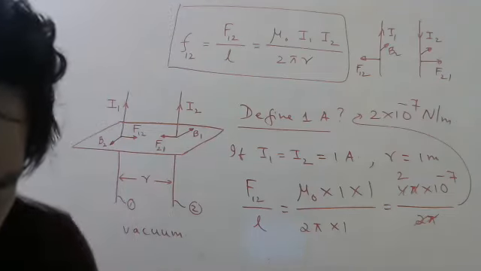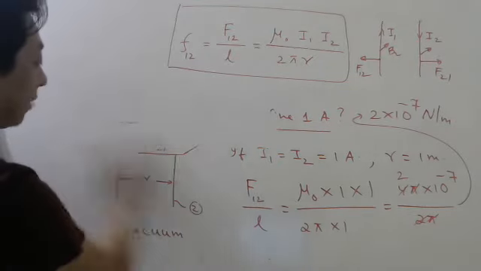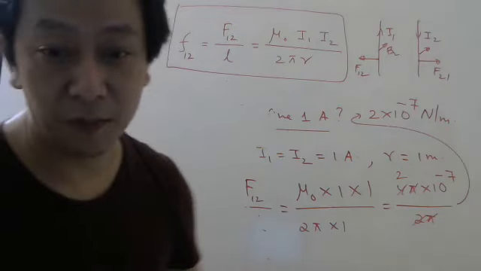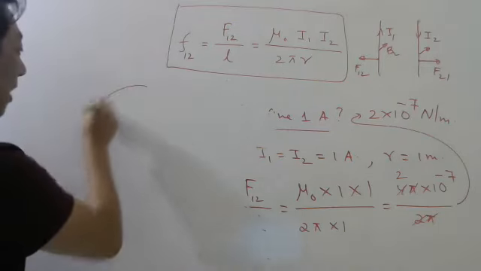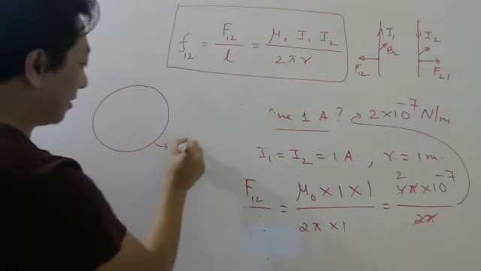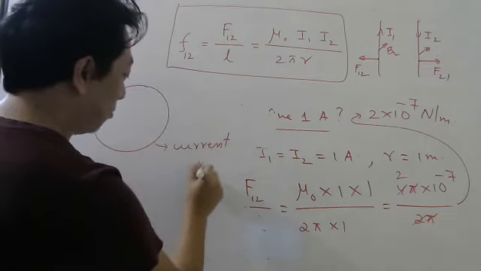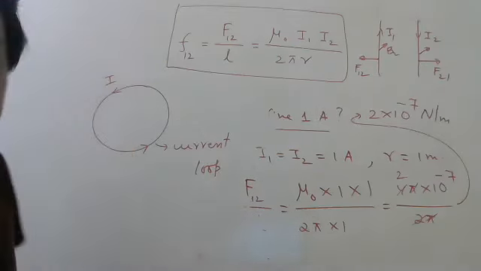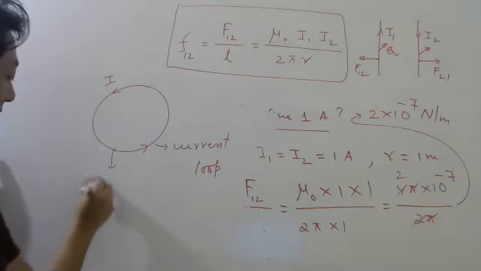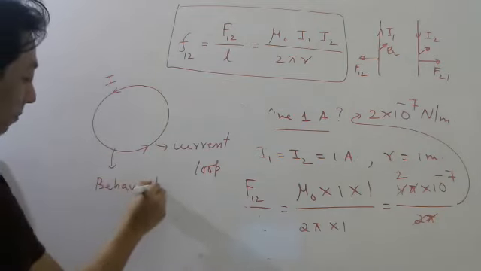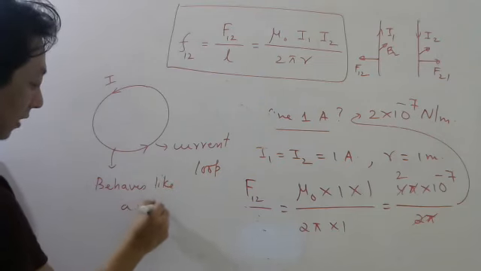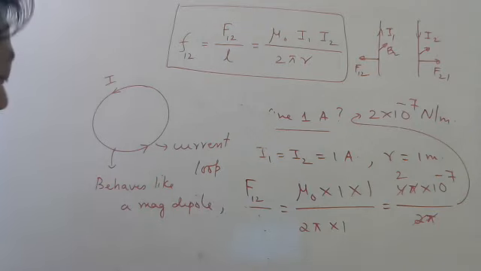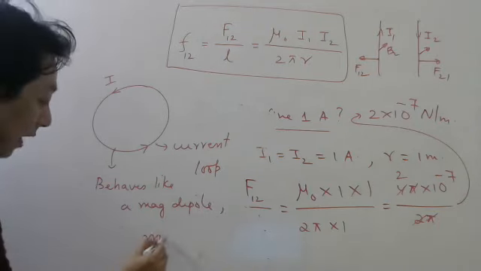Okay, fine. I will stop the class by reminding you of the definition of magnetic dipole moment. So if you have a current loop which carries a current I, if you remember I told you this current loop behaves like a magnetic dipole. And if it behaves like a magnetic dipole, it should have a magnetic dipole moment.